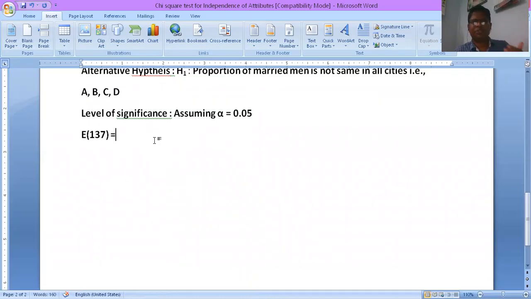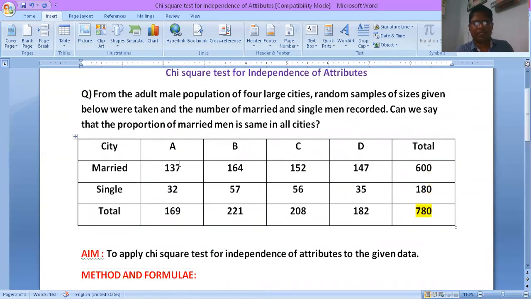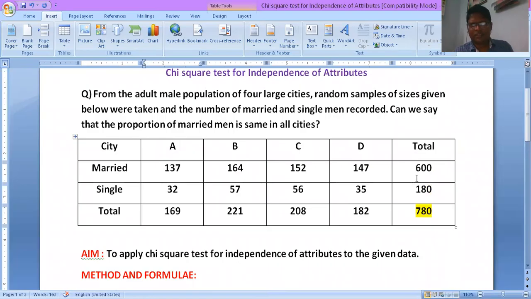Look at the horizontal way: the last subtotal is 600.